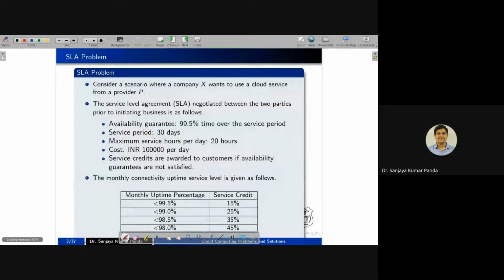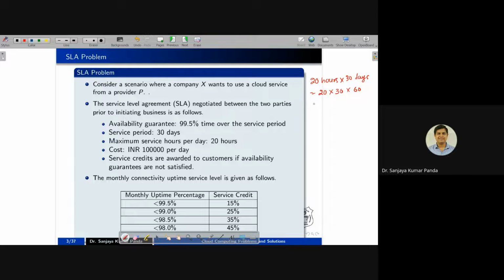So now, our observation period is 30 days, right? In each day we will get service for 20 hours. So total hours of service you will get is 20 hours per day multiplied by 30 days. If you want to convert it into minutes, multiply by 60.